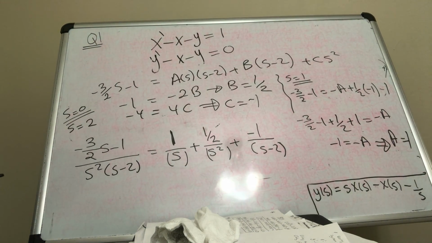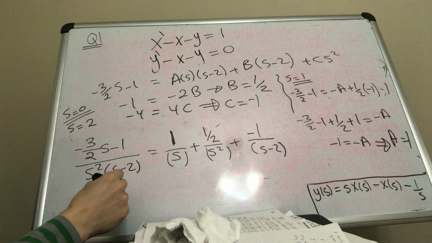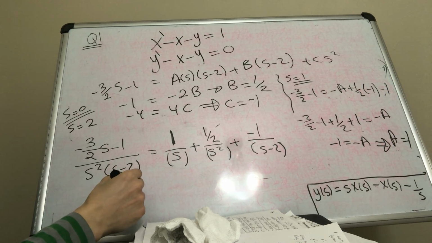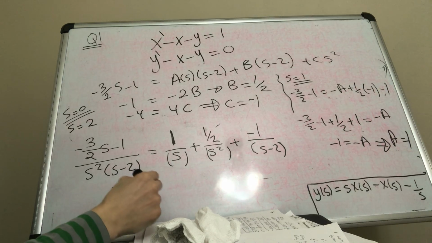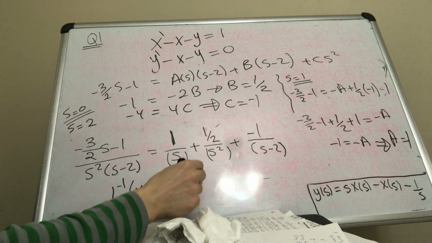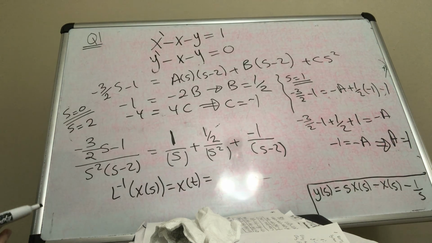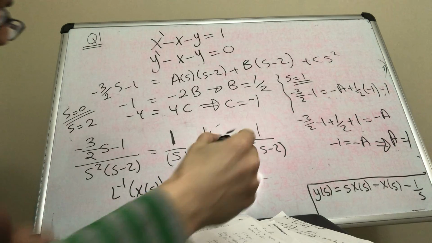After all of this, to find x of s, we need to do Laplace. Laplace inverse of x of s is x of t, and you do the Laplace transformation for this. The Laplace transformation for 1 over s is 1.